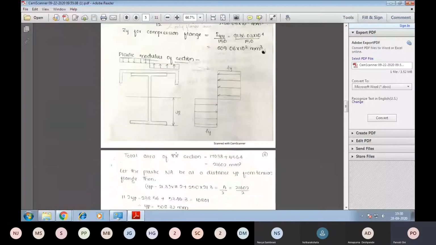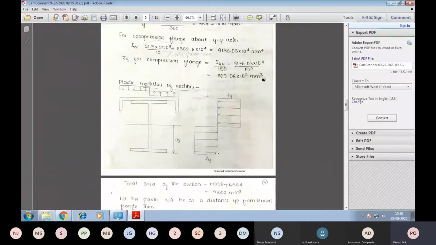Now, this is the stress strain relationship. When the member is entirely in the plastic zone, the total area will be shared by both the zones equally. This I have already studied in the plastic analysis of steel structures.